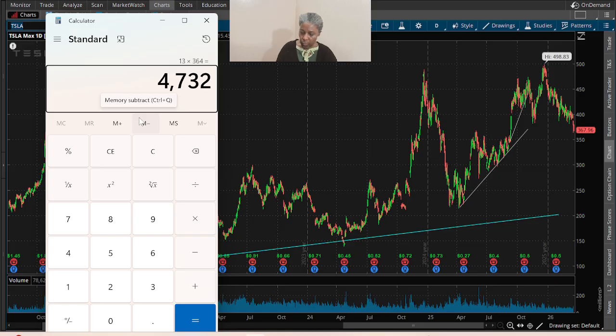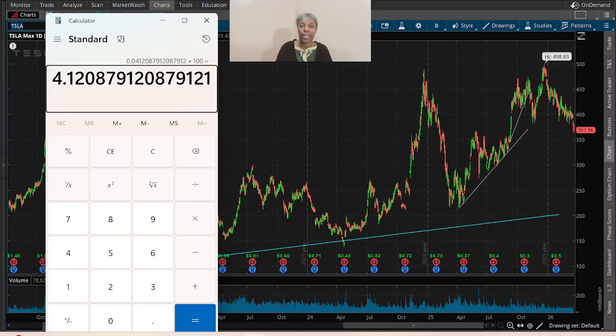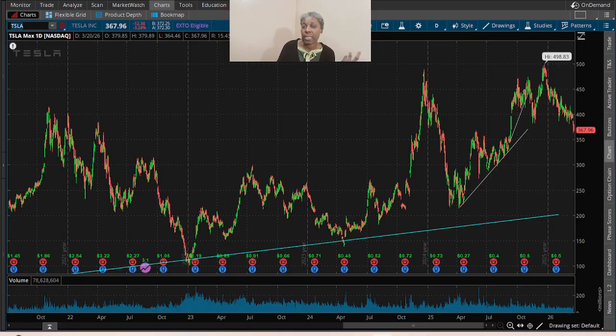So $15 divided by 364, so it's 4% for that day. So $15 profit, within the low and the high, divided by the lowest price is about 5% return that day on your capital.